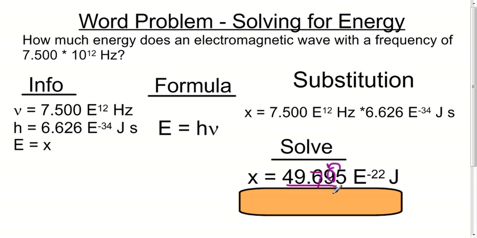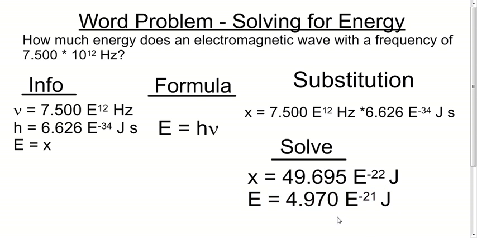So it's going to be 49.70, and I need to move the decimal over this way. So the number becomes 4.970 e to the negative 21st joules.